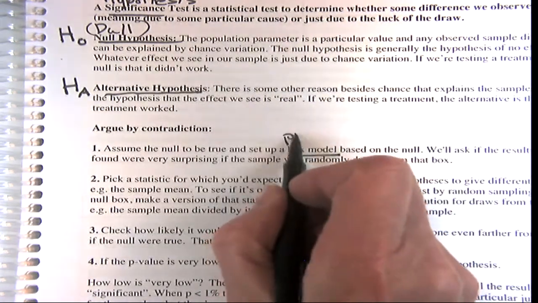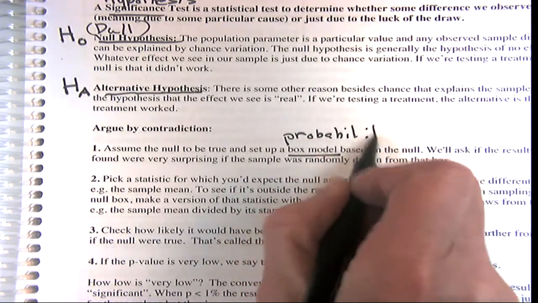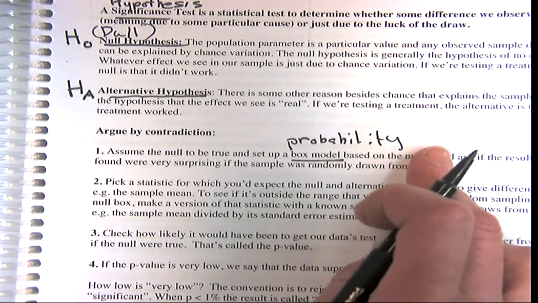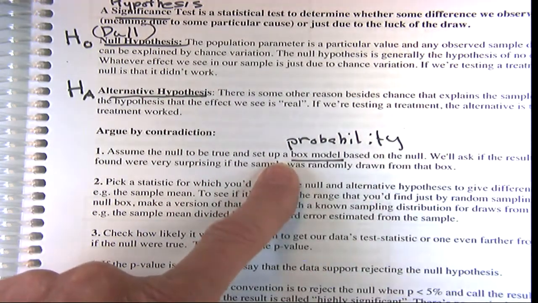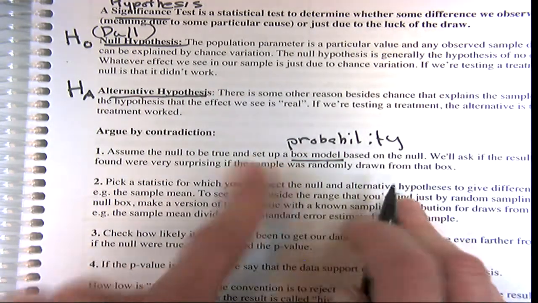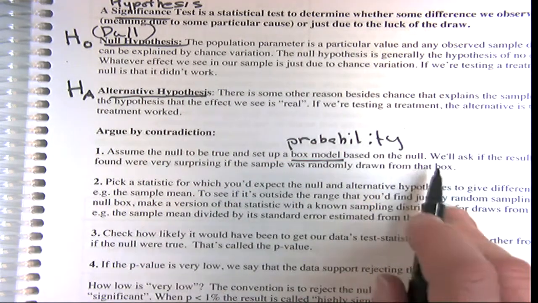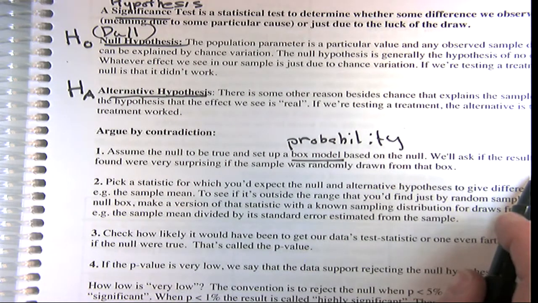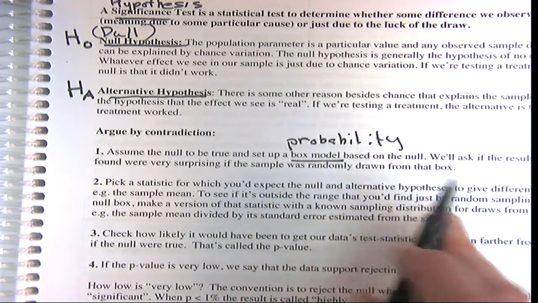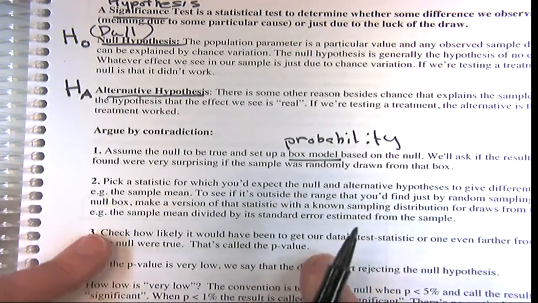If you're talking about random variation, which is what stats is all about, you have to define the random aspects of it and come up with a probability model, translating whatever you're interested in to what parts of it are random, and then test that. Okay, this is the idea of a hypothesis test. So we'll ask if the results you found were very surprising, if the sample was randomly drawn from that box.